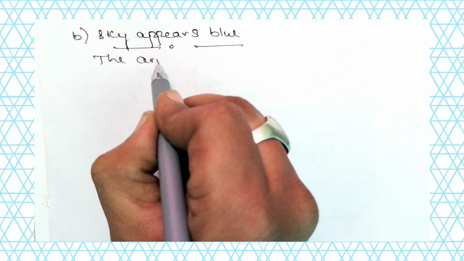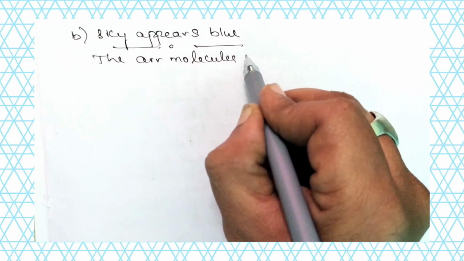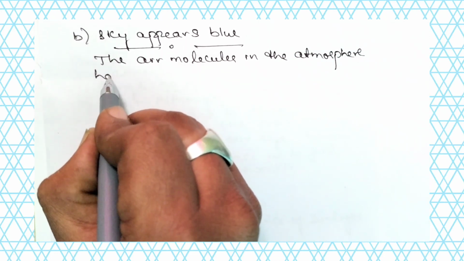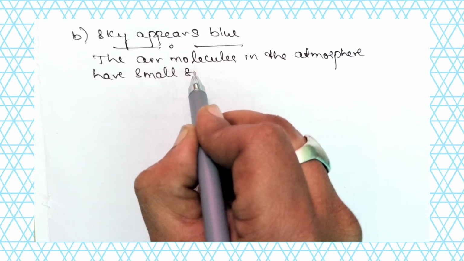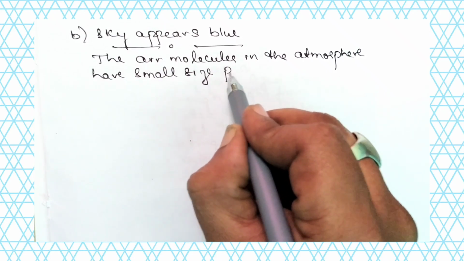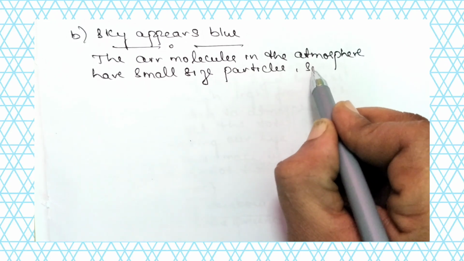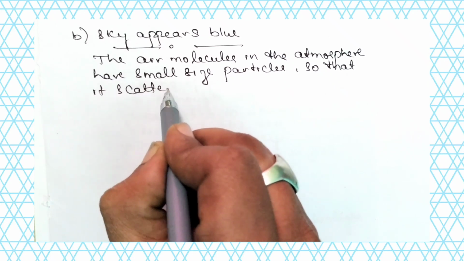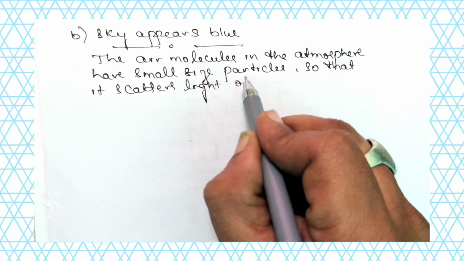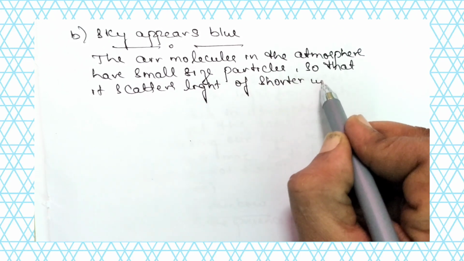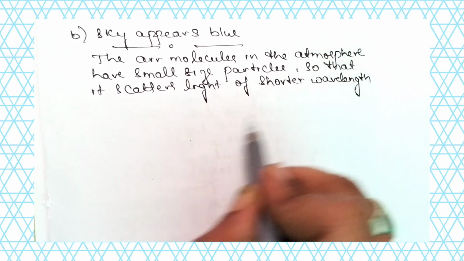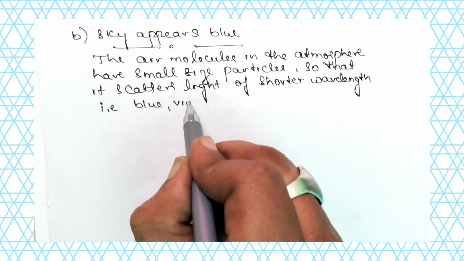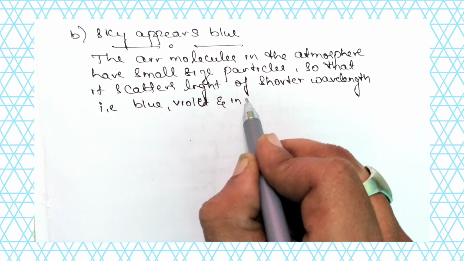The air molecules in the atmosphere have small size particles so that it scatters light of shorter wavelength, that is blue, violet and indigo, which have shorter wavelength.